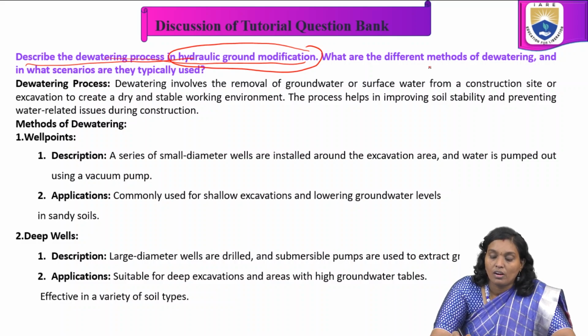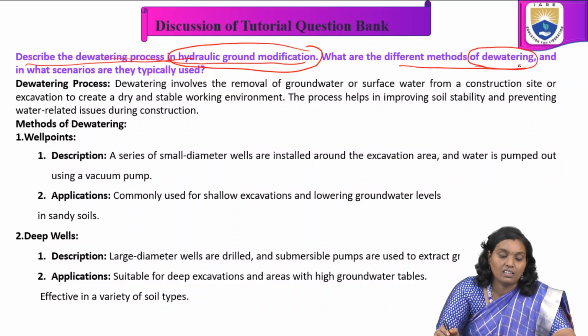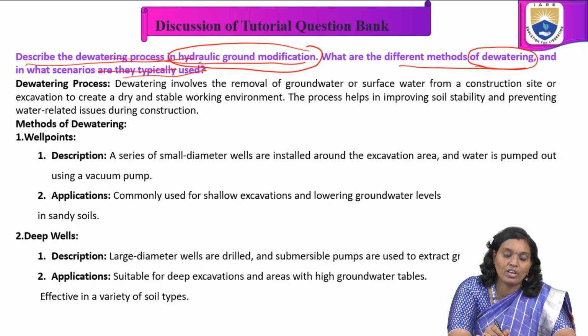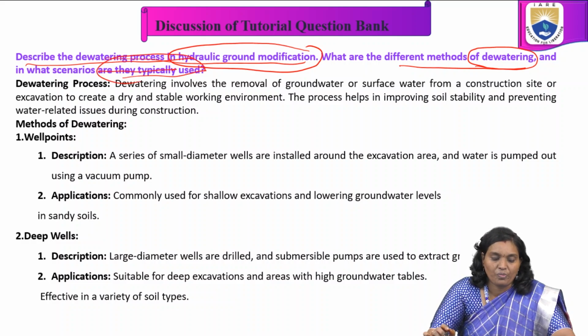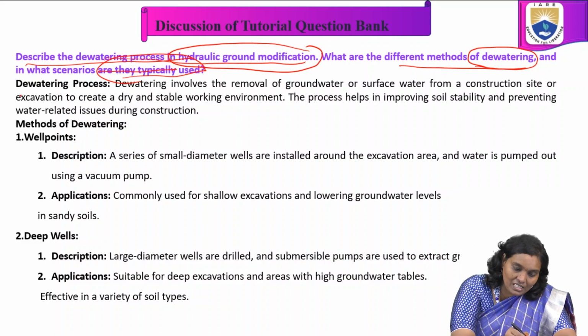And also different methods of dewatering. What are the various methods involved in dewatering, in what scenarios are they typically used, and where are these dewatering techniques used? In dewatering, the name itself tells something. We are reducing the water content.